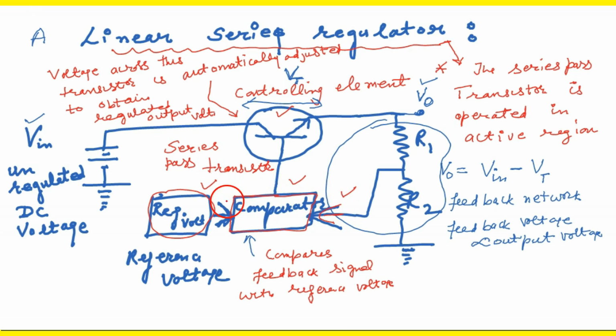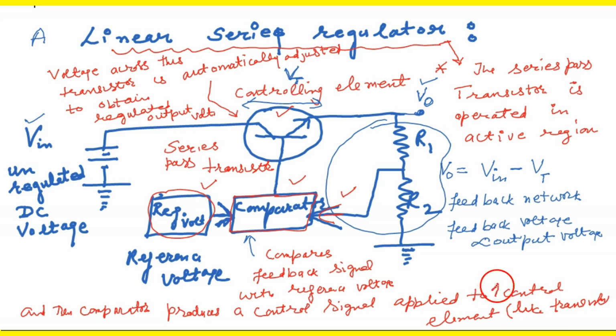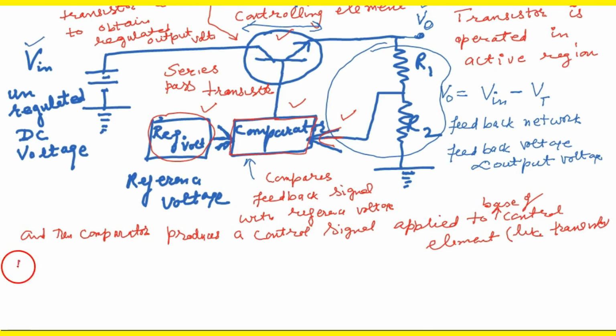The comparator compares the reference voltage with the feedback voltage, which is provided by R1 and R2. According to the difference, the comparator generates a signal, and that signal is applied to the base of the controlling element.